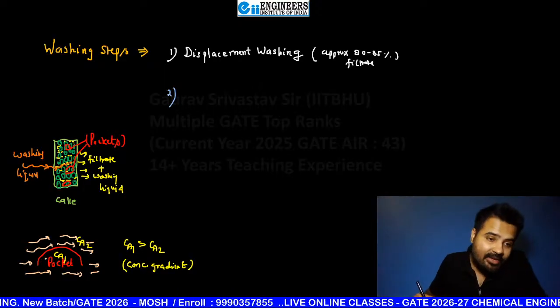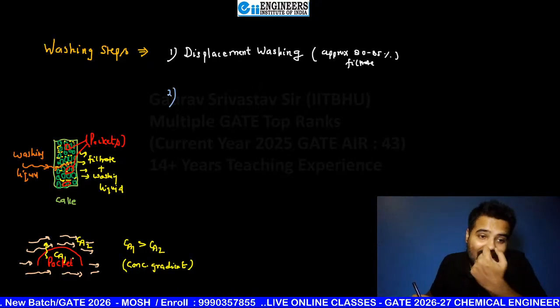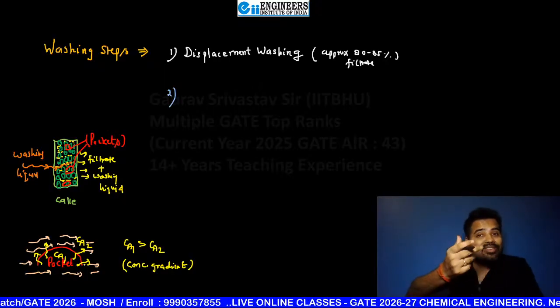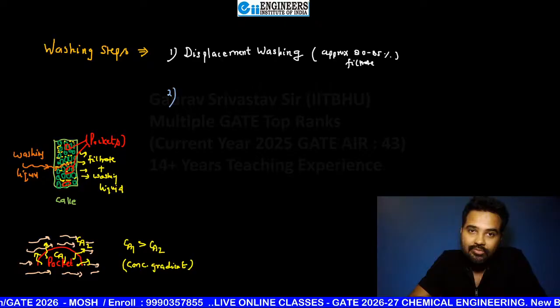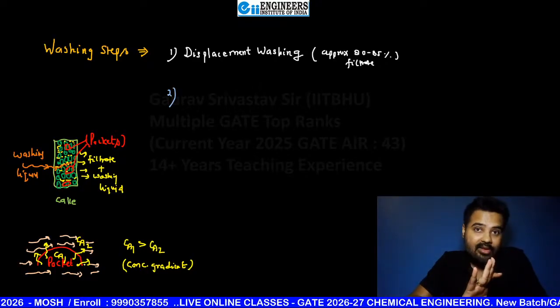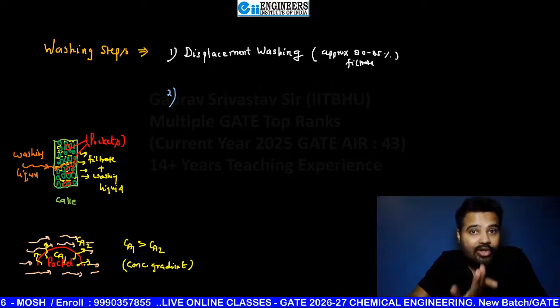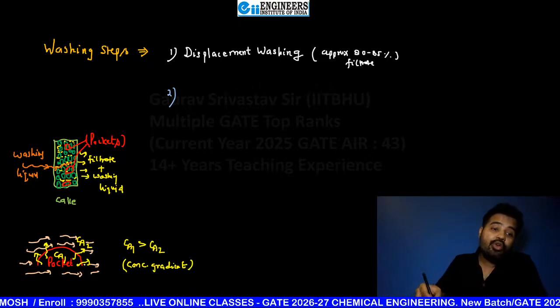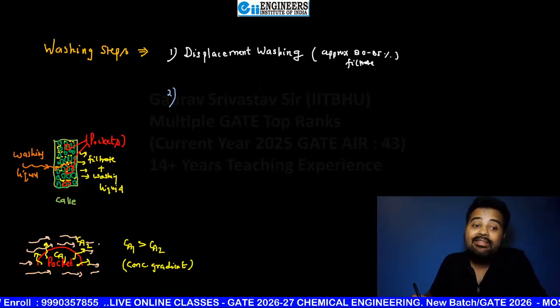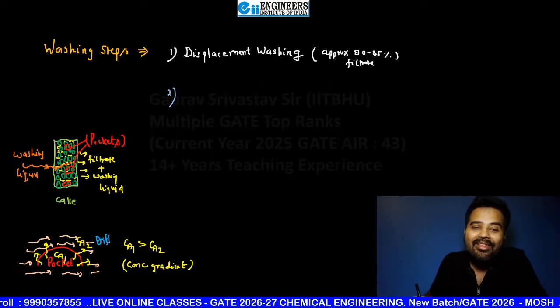So what happens here? It starts traveling. Why does it start traveling? Due to the concentration difference, from that pocket. Washing liquid is unable to reach there. But now one beautiful phenomenon has started here, that is known as diffusion.